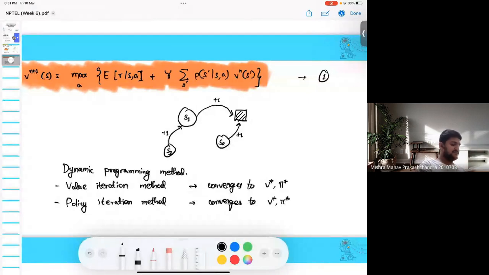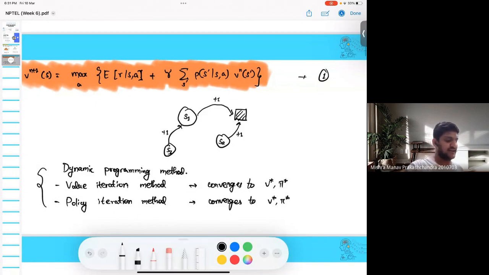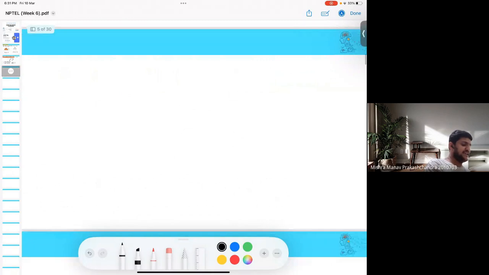So both these methods fall under the DP approach. Similar to dynamic programming, there is something known as asynchronous DP.